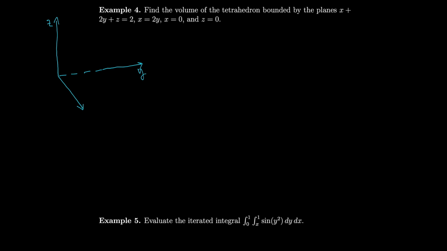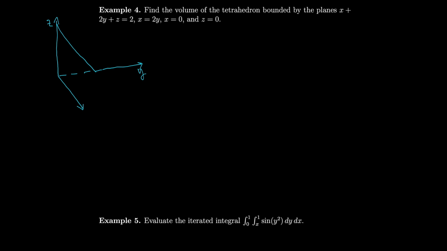I'll do my plane x plus 2y plus z equals 2. It kind of cuts through like this because the plane intersects the y-axis when x and z are 0, so that's when 2y equals 2, so that's at 0, 1, 0.